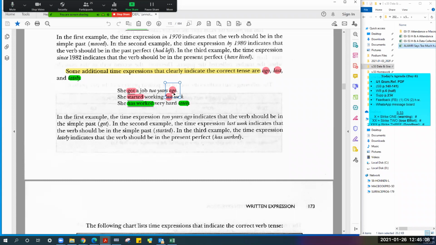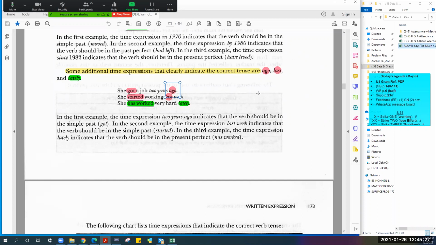I would say 99% past simple, and maybe 1% some special cases. I would say almost always simple. Okay? Read the next one.